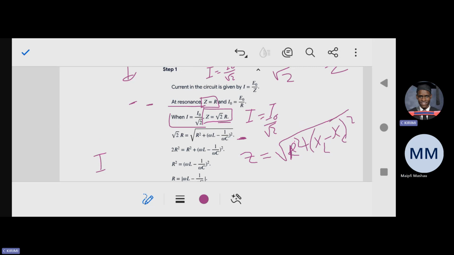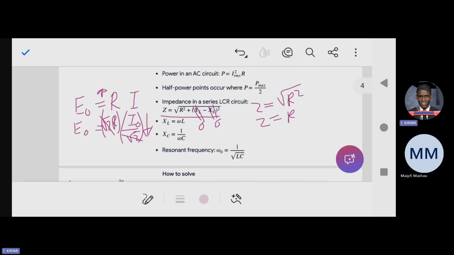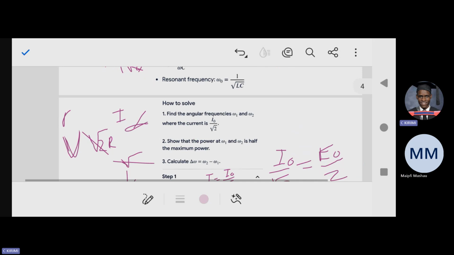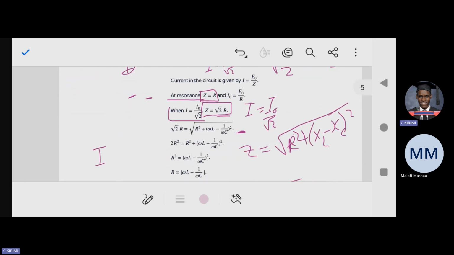So then you must know the formula for XL and the formula for XC, which is given by this. So these are the information which must be there. So we are now replacing here in the equation. Where there is Z, you put root of 2R.